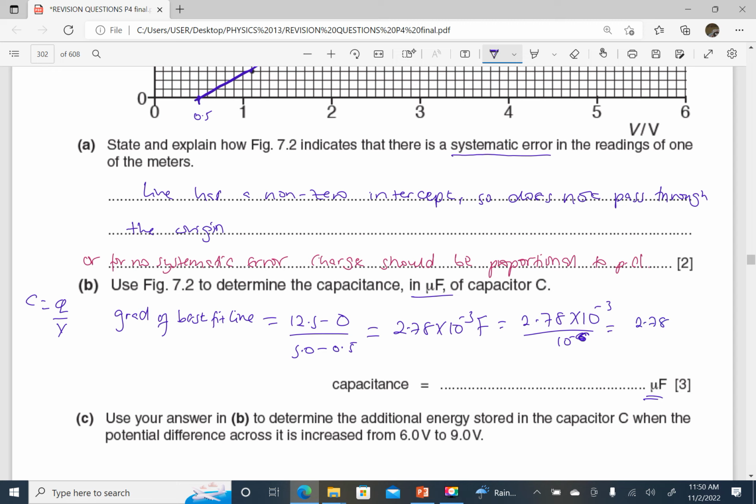And this would be 2.78 times 10 power positive 3. Okay, 2.78 times 10 power 3.